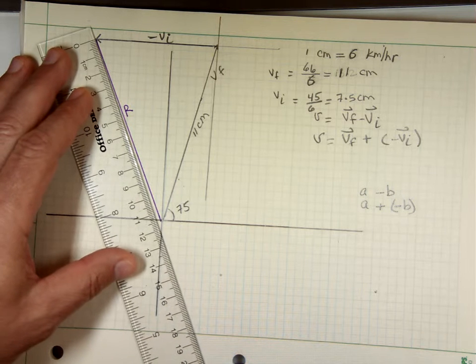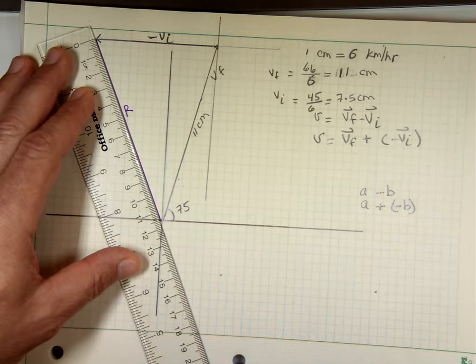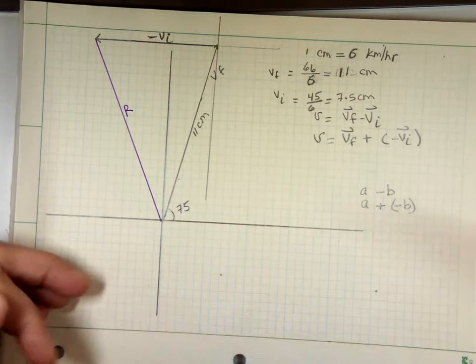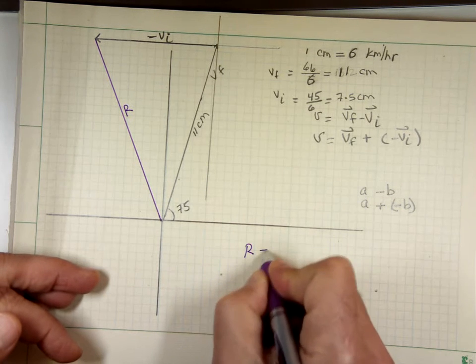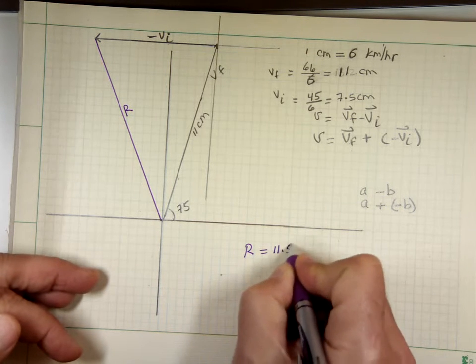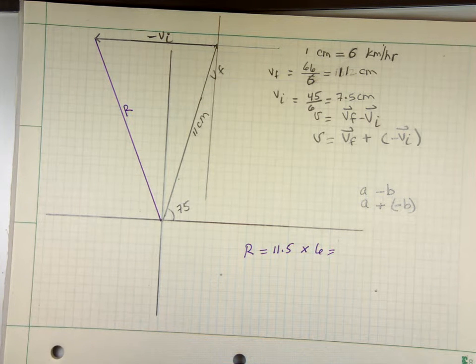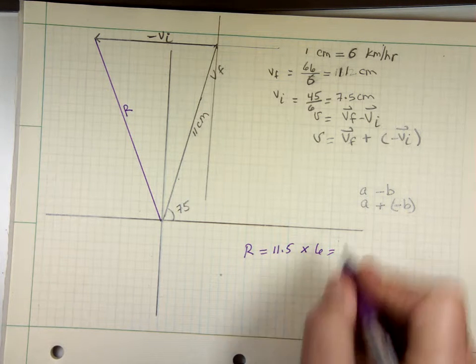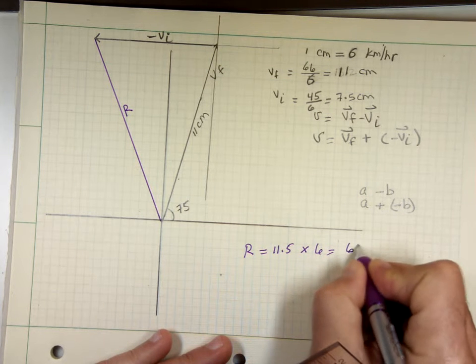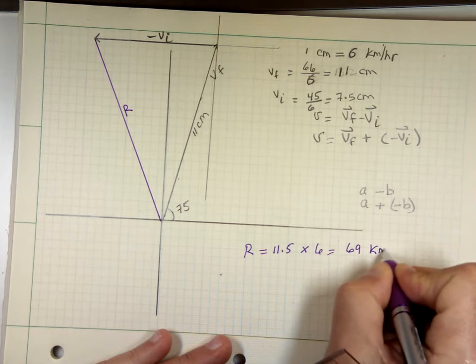Lengthwise, I'm getting roughly 11.5. So the result vector is 11.5 times the scale, which is 6. Oh, well, that's not right. 11.5, I got a 9, times 6 is 69 kilometers per hour.